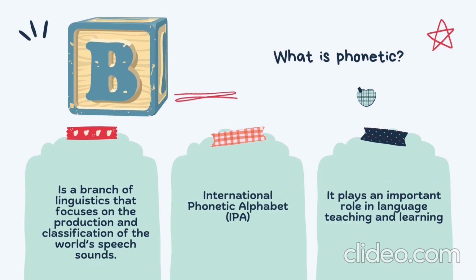By classification of speech, we focus on the sorting of speech sounds into categories, which can be seen in what's called the International Phonetic Alphabet. The IPA is a framework that uses a single symbol to describe each distinct sound in the language and can be found in dictionaries and textbooks worldwide.